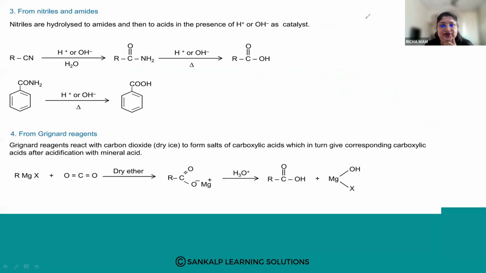Okay. Next is from Grignard reagent. So previously in the previous class, I had asked you, what is Grignard reagent? Yes. So it is an organometallic compound, right? So organometallic compounds are called Grignard reagent.